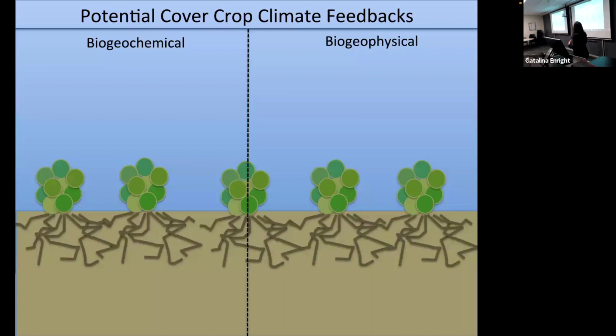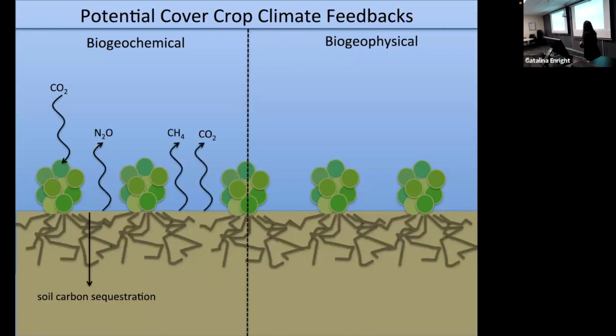And so I started to think about what are the potential cover crop climate feedbacks. So on the biogeochemical side, we have carbon going into the system, but also carbon, methane, and nitrous oxide being released from the ecosystems, and soil carbon sequestration. So there's a lot of active research actually trying to understand all of these different processes on the biogeochemical side.